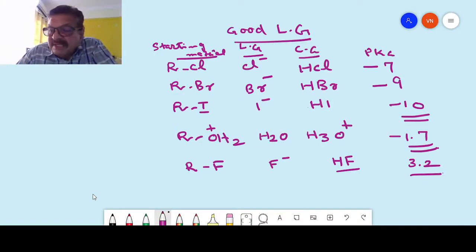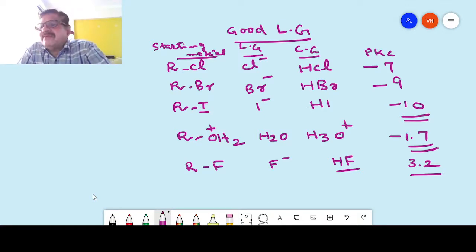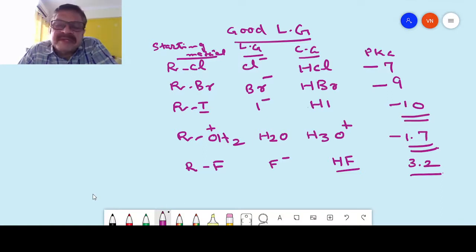We can predict the direction of the equilibrium using the pKa values of the conjugate acids, by comparing the basicity of the nucleophile and the leaving group, because leaving groups are bases. So whether the equilibrium favors the products or the reactants.